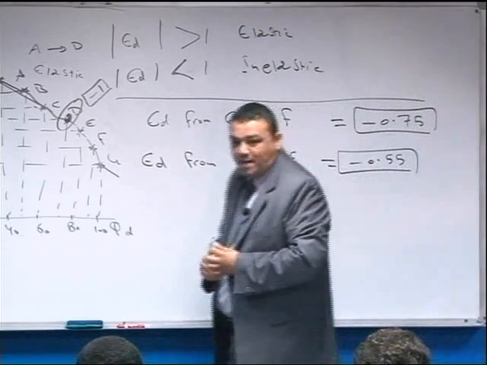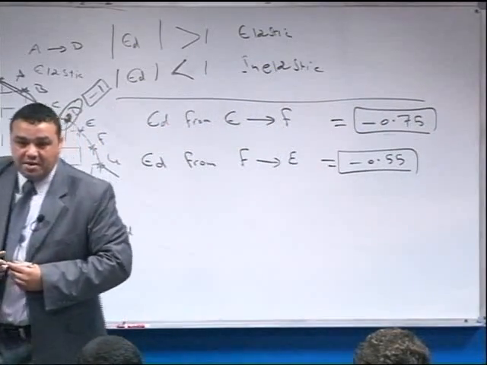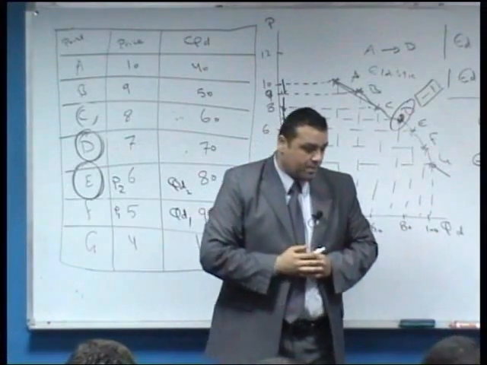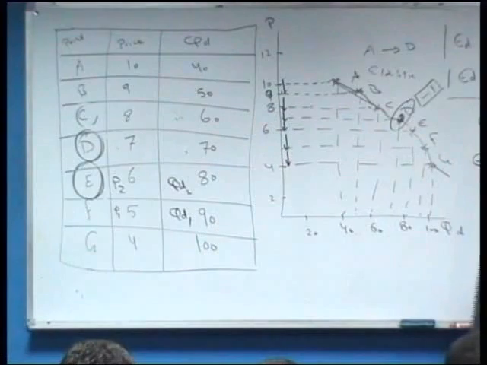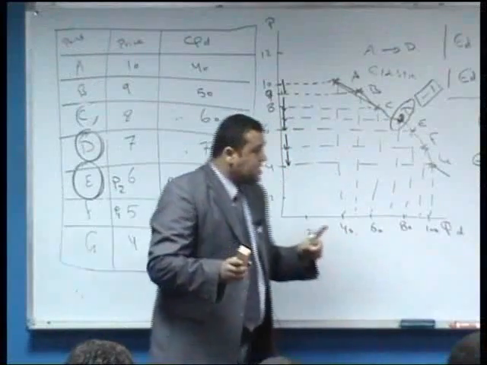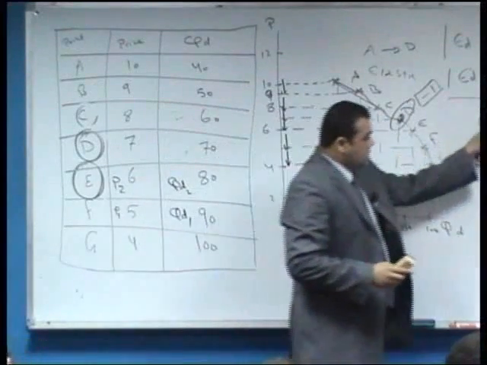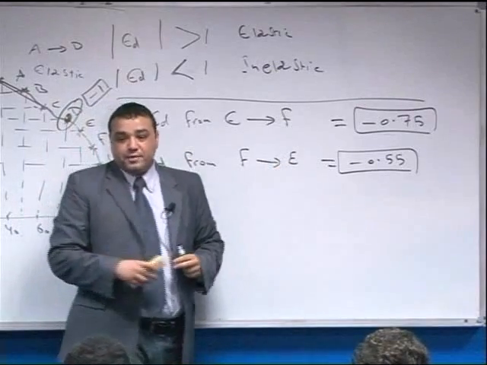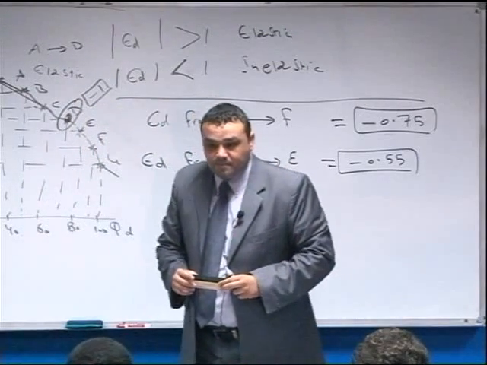So to solve this problem, we have another formula. It's called the midpoint formula, right? So let's use the midpoint formula and calculate the price elasticity of demand from point E to F, and then from F to E. We have to reach the same result, right?